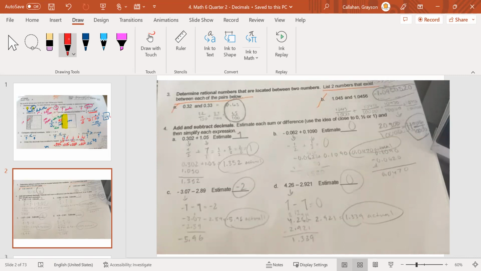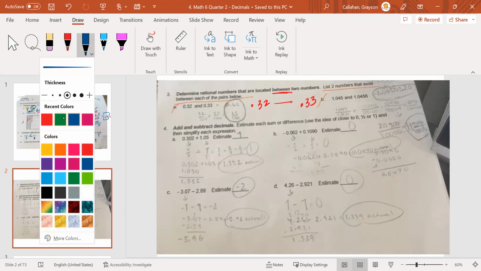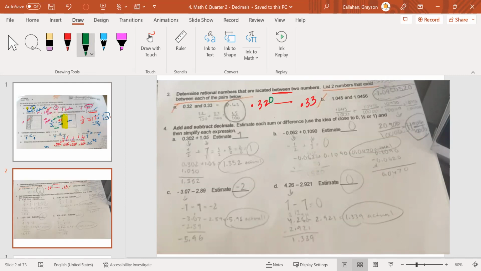If you want to list a number between, the keyword is between, these two numbers, 0.32, there's a number in between them, 0.33, right? So go into the thousands place, right? Thousands place here is 0, this is 0. So what's a number that's between 320 and 330?